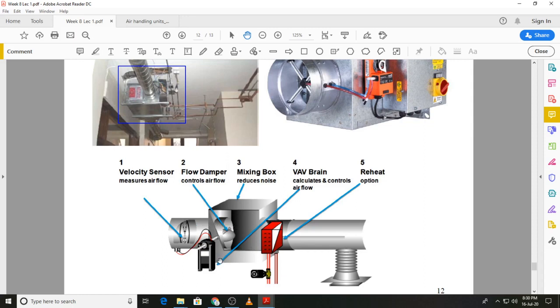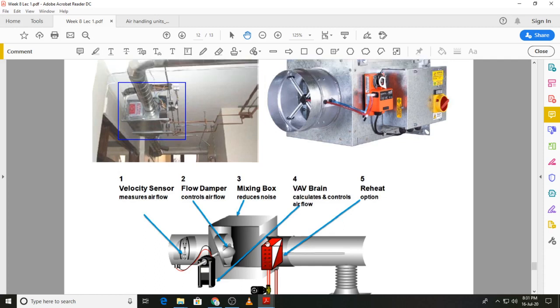We have the control system over here along with the actuator, and if required, some of these VAV boxes also have a reheat option. You can provide a reheat option, although it is not necessary. Sometimes you can do that, but it does not provide too much reheat. It has limited capacity for reheat. This is how we can vary the volume flow rate into the conditioned zone.